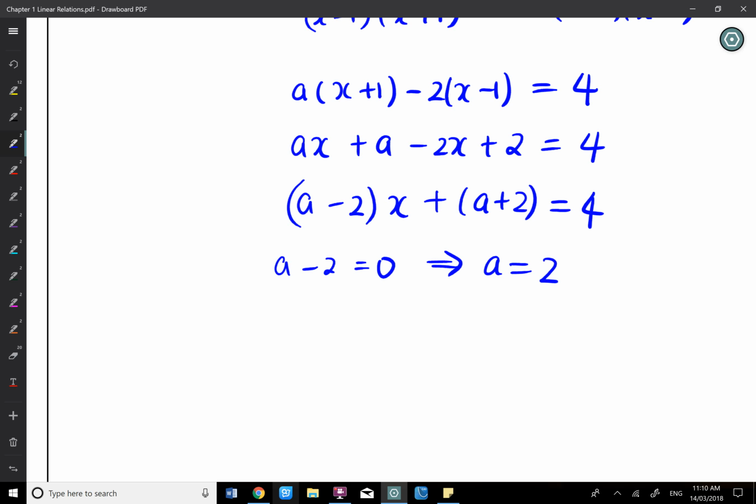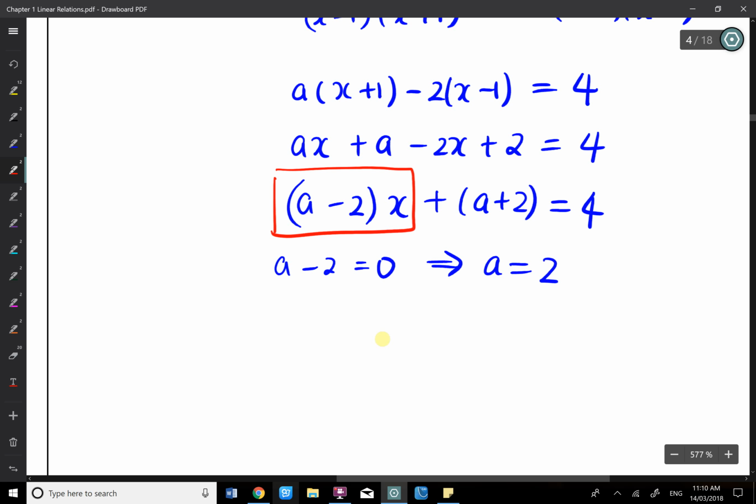So you can see in this question, I don't want this x term, so the coefficient must be 0.